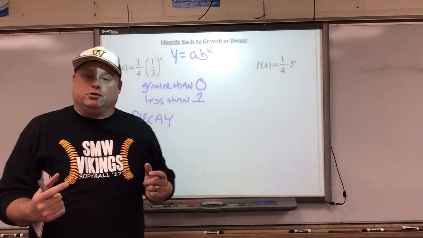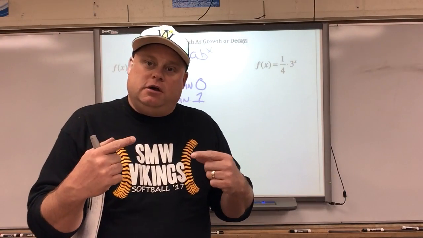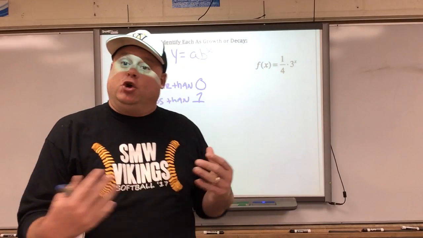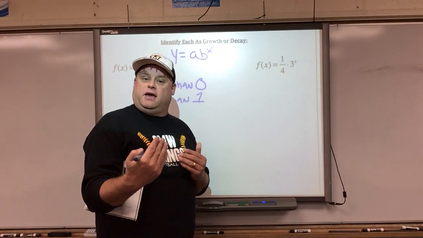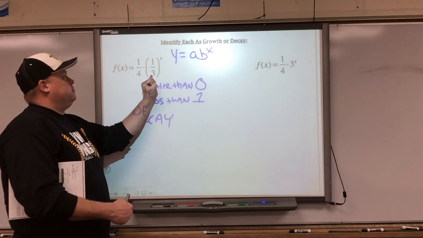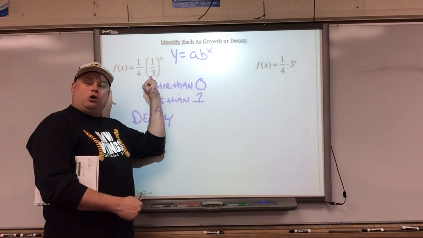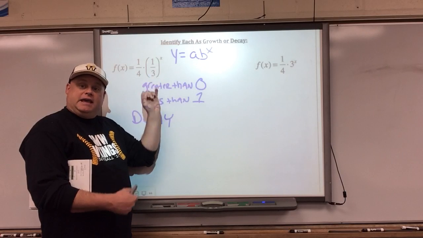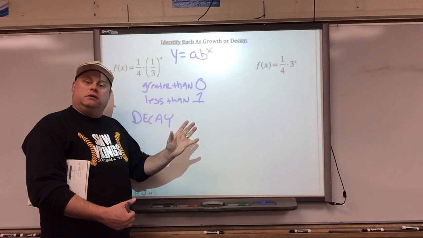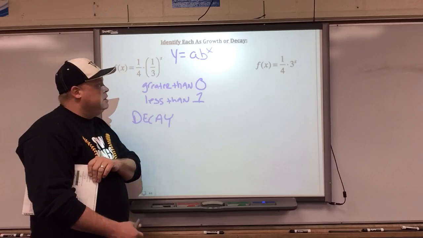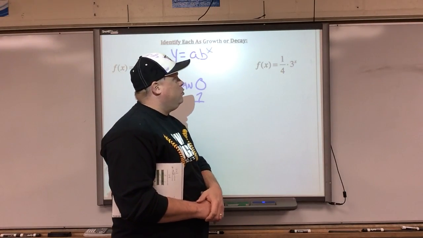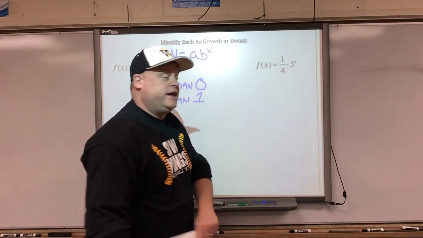This is where you can start solving these without having to put them in the calculator, or at least knowing if it's a growth or a decay. If my b term is between 0 and 1, not including 1, then it's decay. If it's greater than 1, then it's growth. Looking at this one, f of x equals 1/4 times 3 to the x power.